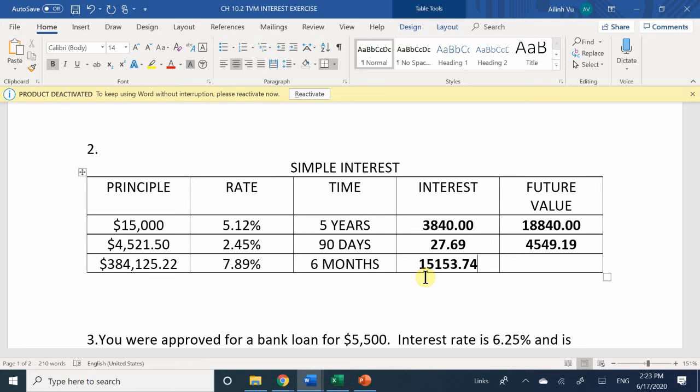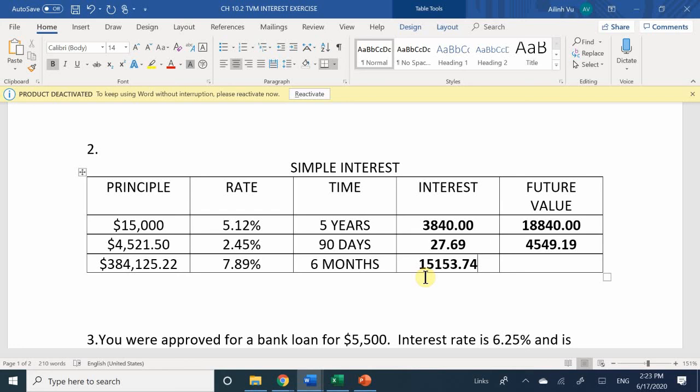Did everyone get that too? $15,153.74. Okay, got it.